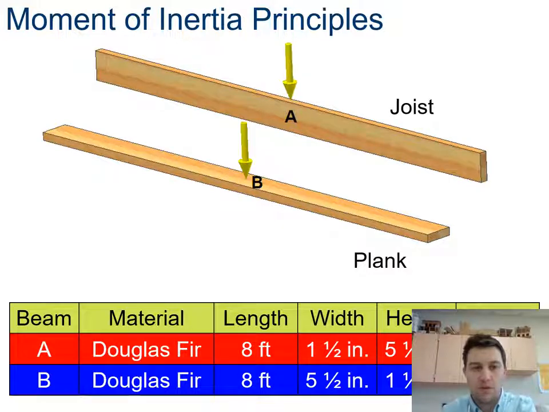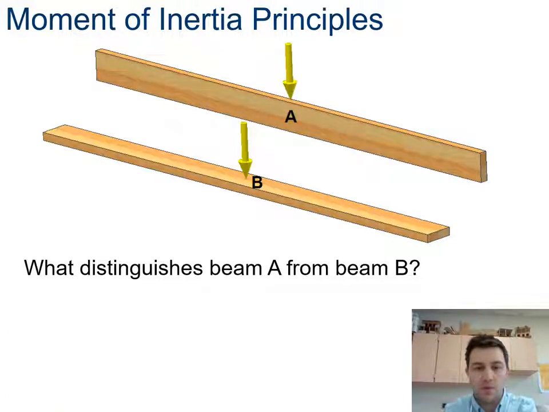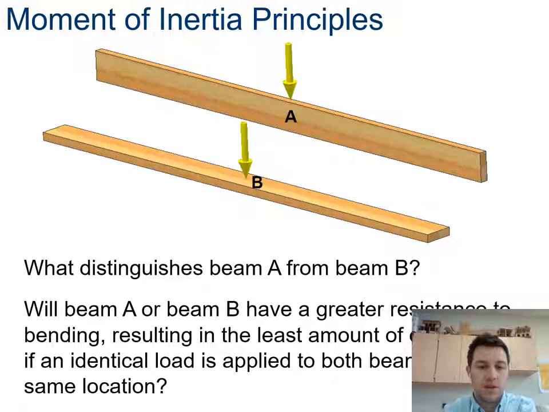So what happens when I do moment of inertia with these, or which one is going to be stiffer? We'll find out when we calculate. Some of you might be able to take a good guess as to which one is going to be stiffer and which one will bend more. The only distinguishing feature from A to B is that A is vertical and is considered a joist, and B is horizontal.